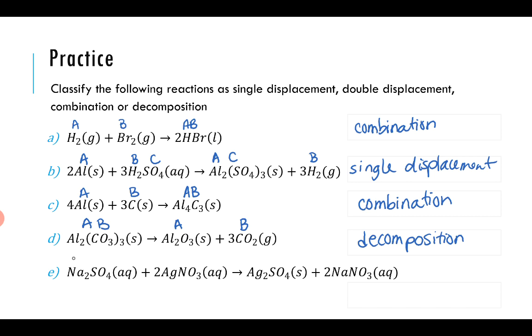For our last one, we have sodium bonded with sulfate and silver bonded with nitrate. And in the end, we have silver bonded to sulfate and sodium bonded to nitrate. And so since we have our cations and anions swapping pairs, this is a double displacement.